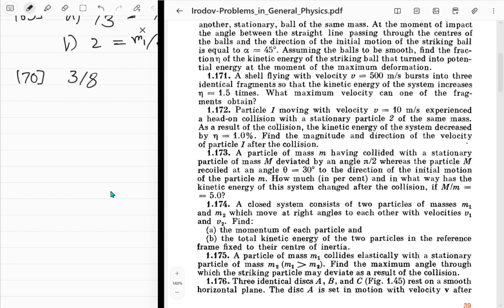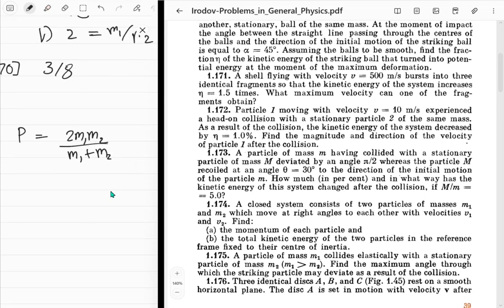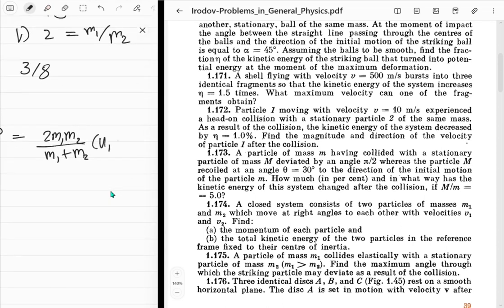That momentum is going to be 2m1m2 upon (m1 plus m2), something like the harmonic mean, and actually it is in fact a harmonic mean. And that times (u1 minus u2), not u2 minus u1, because if u1 is bigger, then you will have a bigger momentum imparted, which makes sense, right?